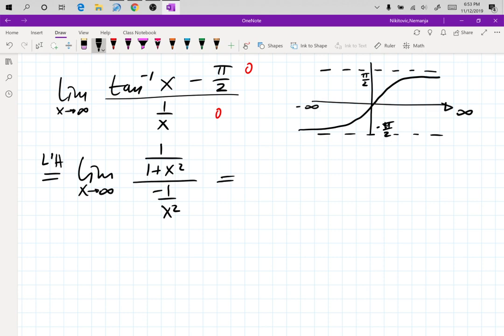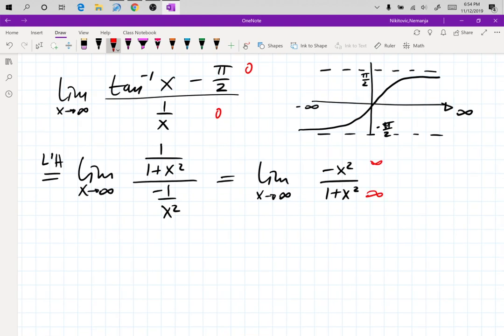So now we are going to work out this double fraction to come up with negative x squared divided by 1 plus x squared, right? When you multiply the two on the outside and the two close by. Now, when you plug in infinity, what happens?